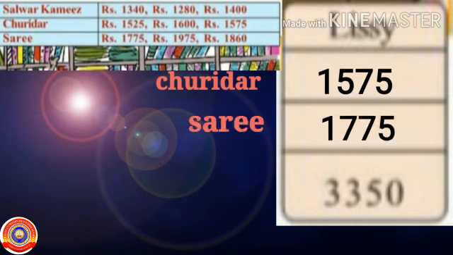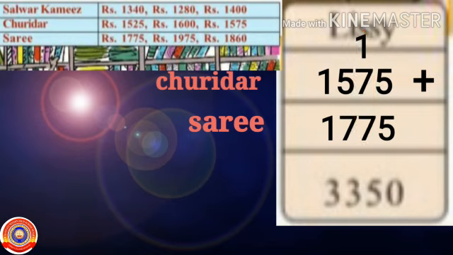So, we can say that Lizzie bought a churidar for 1,575 rupees and a sari for 1,775 rupees. Students, let's check if the amount 3,350 rupees is enough to buy these two dresses. Okay, let's add together. 1,575 plus 1,775. 5 plus 5, 10. For 10, 0 here, 1 is to be carried in the tens place. 7 plus 7, 14. Plus 1, 15.